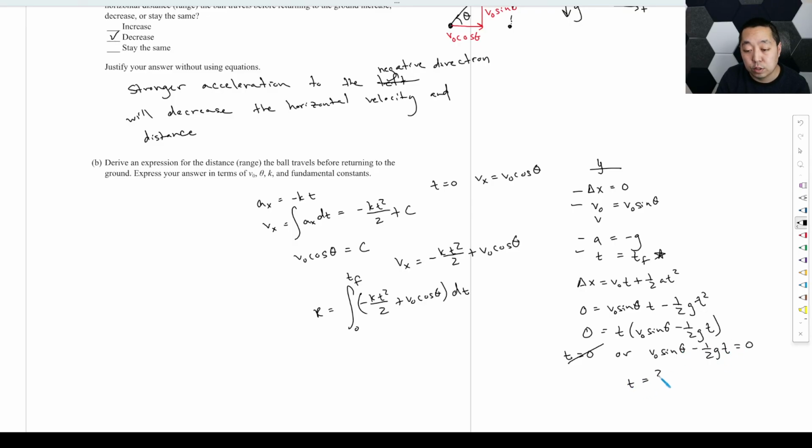So t is equal to 2 v0 sine theta over g, and we're going to plug that in. That's our tF. So we're going to integrate from 0 to 2 v0 sine theta over g of negative kt squared over 2 plus v0 cosine theta dt, right?